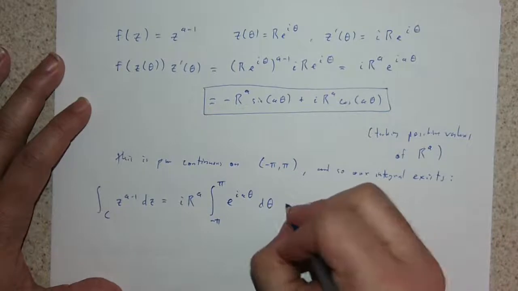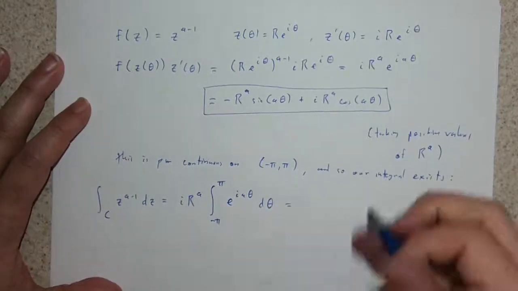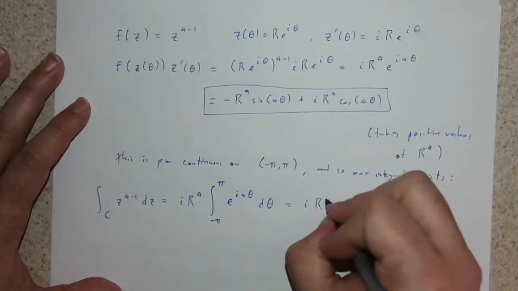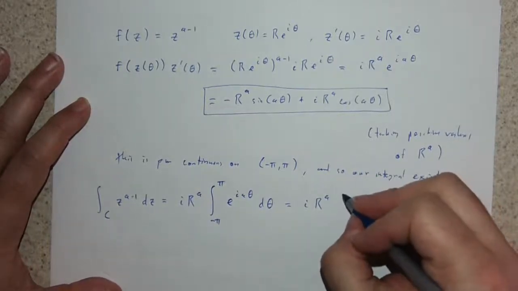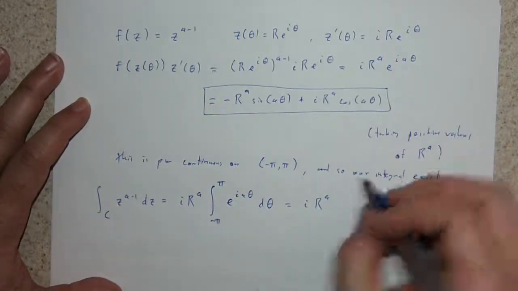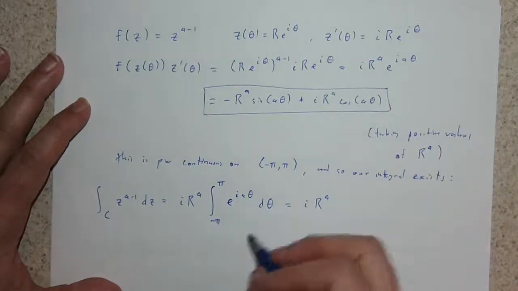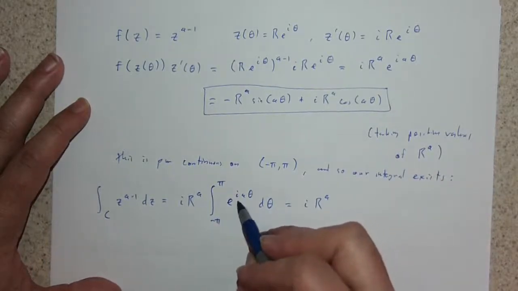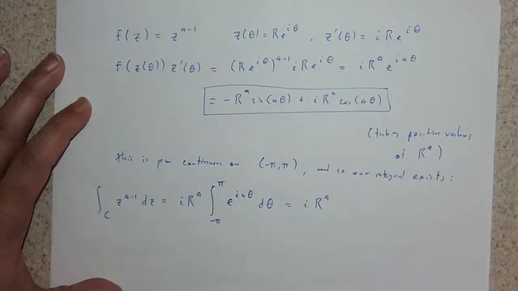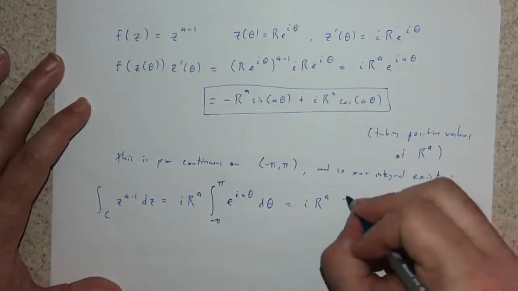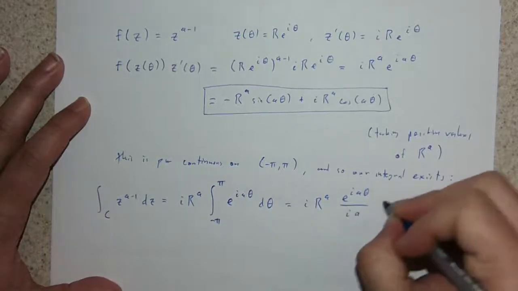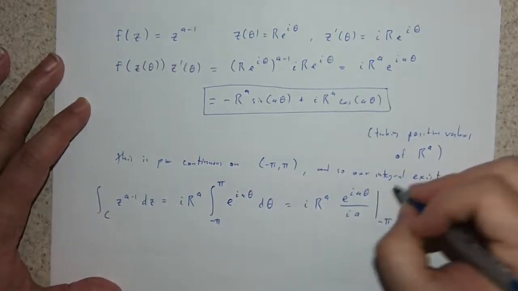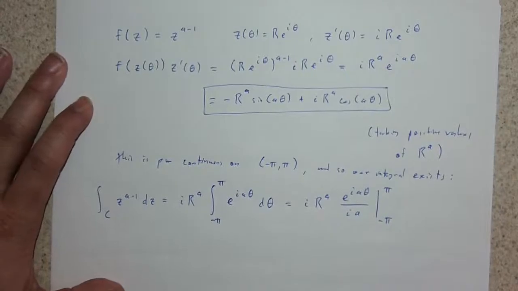Okay, so I know how to do this integral. So this is i r to the a here times the integral of e to the i a theta. This is just going to be e to the i a theta over i times a, right? So this is e to the i a theta over i times a, and this is going to be evaluated from minus pi to pi.